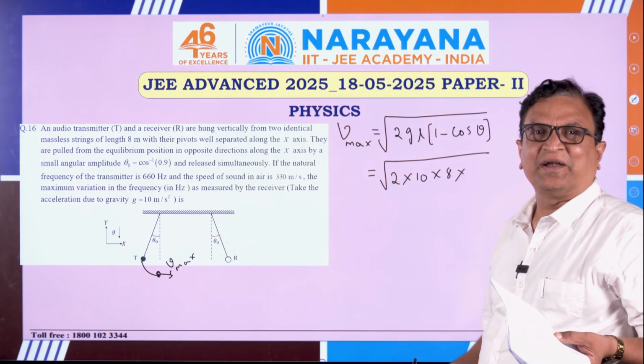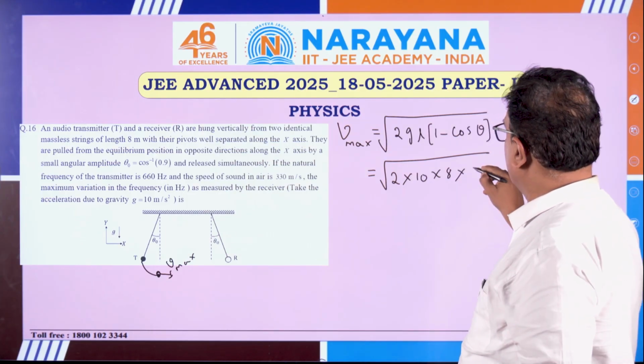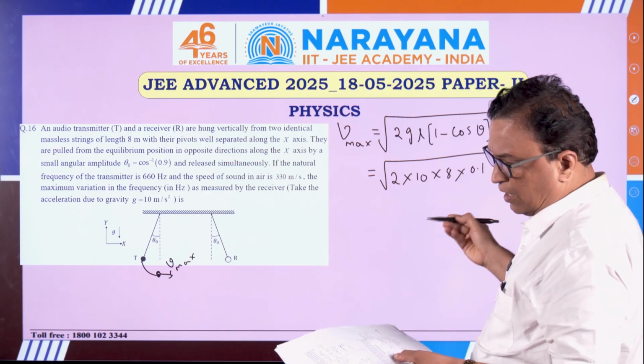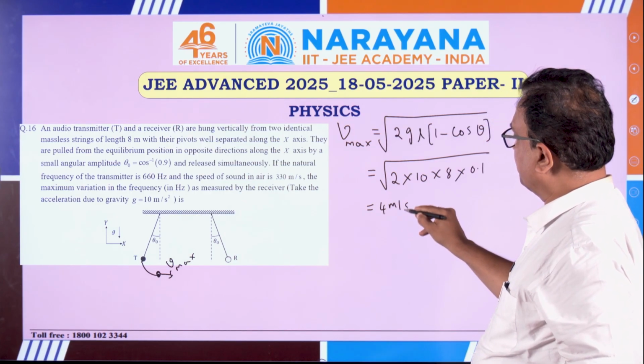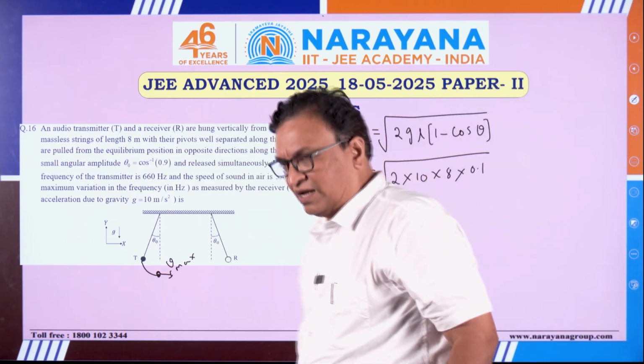They mentioned 0.9 for cos theta. This will become 0.1. Almost this will become 4 meter per second. Right. Forget about the mechanical part.